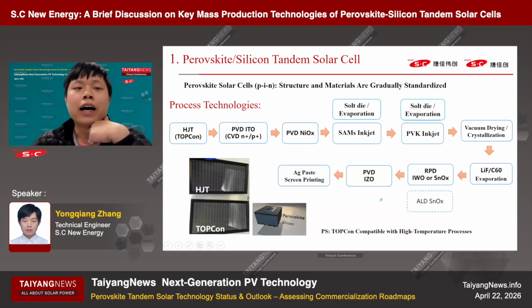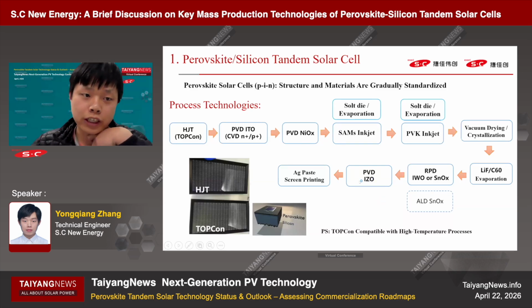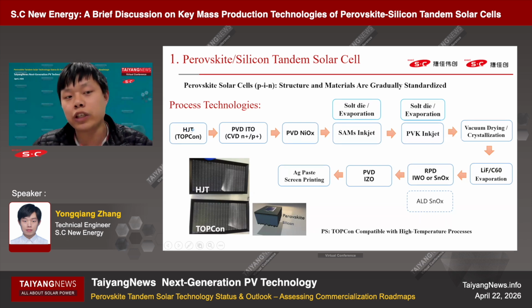Now I would like to show you some fabrication technology in our company. When we receive the silicon bottom cell, whether HJT or TOPCon, we continue to fabricate ITO as the middle layer by PVD, and continue to use PVD to deposit the HTL, nickel oxide. For SAM and the perovskite layer, we recommend inkjet printing.